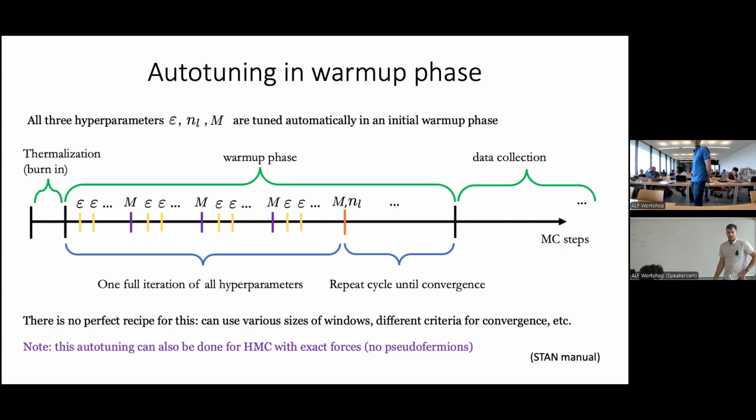How do you test for convergence? To which accuracy are the parameters supposed to be fixed? That's not really well defined, but what we do, I forget exactly, I think we ask that NL stops changing within less than 10%, and the norm of the metric stops changing to within some 0.1% or 3%, something like that.